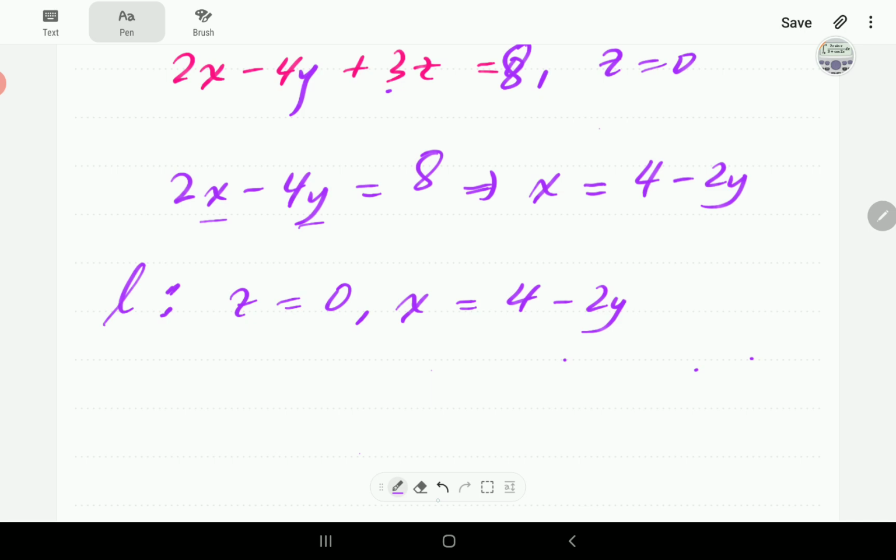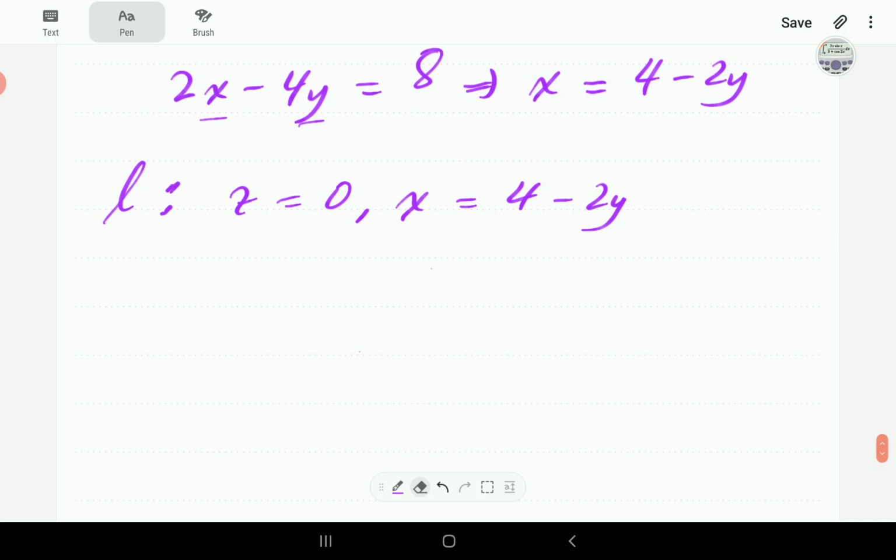Now, when we did straight lines in 3D, we said that there are three forms of the equation. There is the vector form, there is the parametric form, there is the symmetric form. So I'm going to derive all three from these two equations. First, I'm going to start with the parametric form.